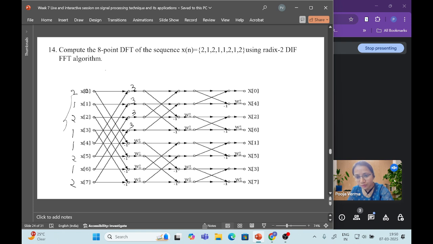Here 2 minus 1. So here 1, right? Again here it is 1 minus 2. So minus 1 you will get here. Similarly here 2 minus 1, 1 minus 1. Okay.